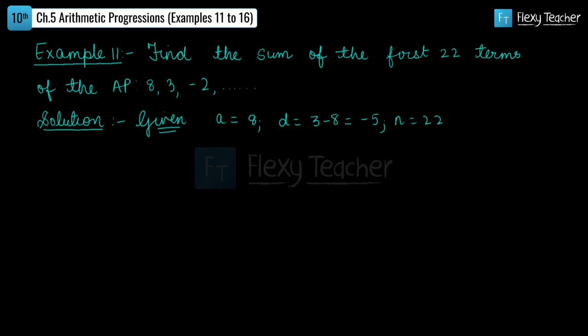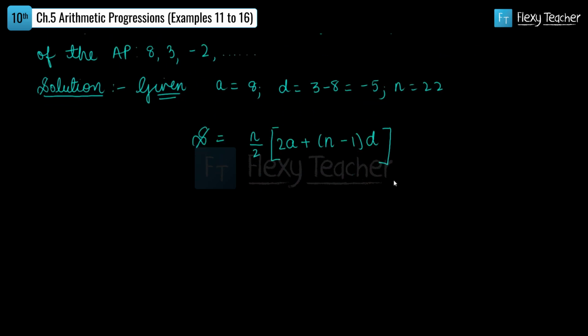Okay, so अब हम जानते हैं the sum of the first n terms of the arithmetic progression is given by a formula S is equal to n upon 2 into bracket 2a plus n minus 1 into d bracket close. ओके, n हमारे पास क्या है?